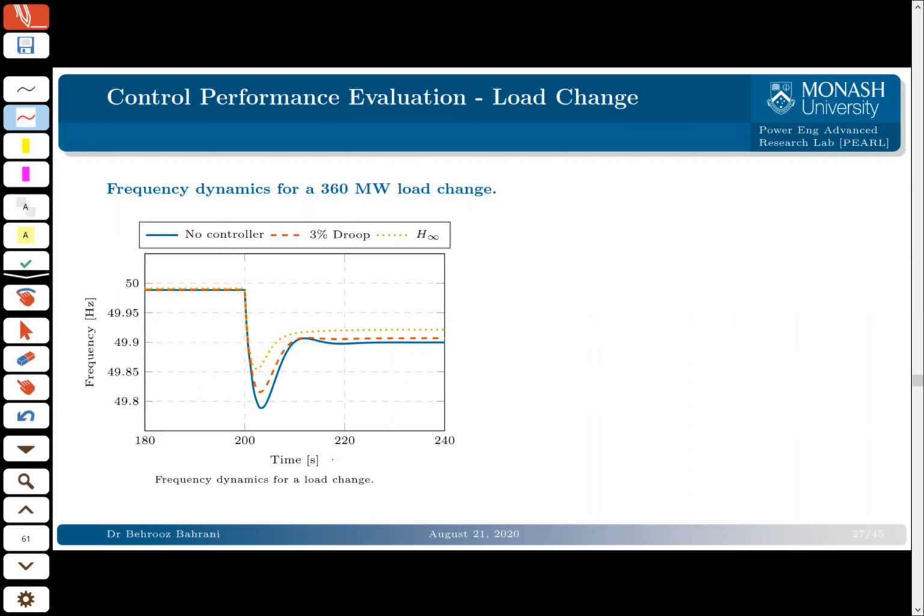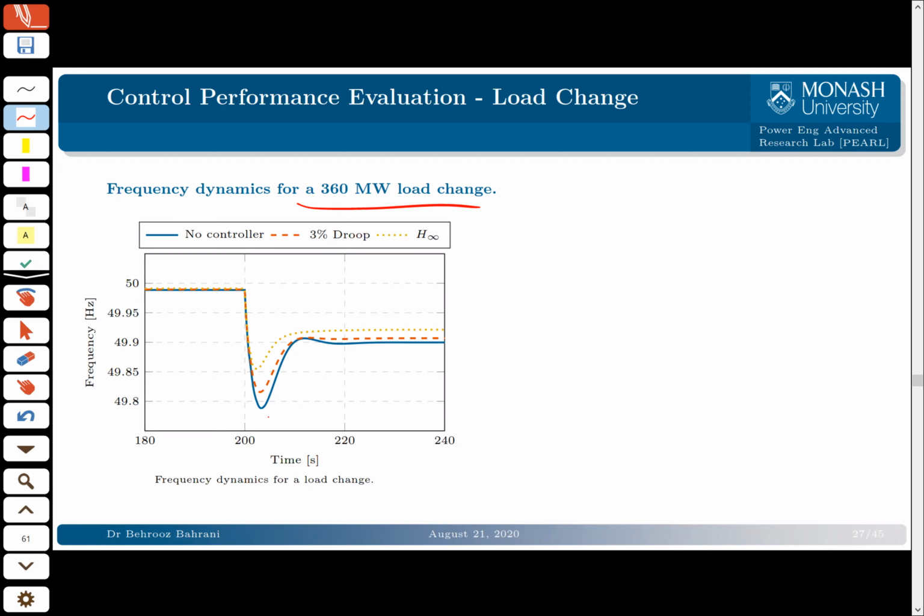So we wanted to see how our controller will respond to some load changes. So we had a load change of 360 megawatt in the system. The blue one is if you don't have any controller in the system. The red one is when you have a 3% droop, and the other one is the H Infinity controller that we have designed, and this H Infinity controller is giving you a better nadir in frequency and a better steady state frequency.